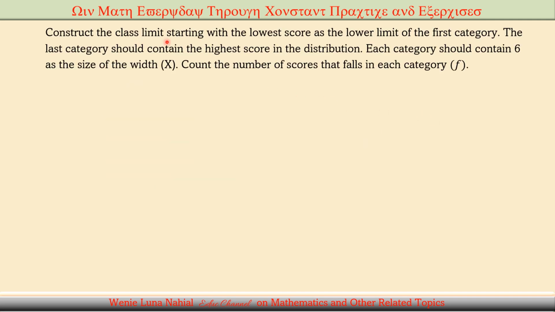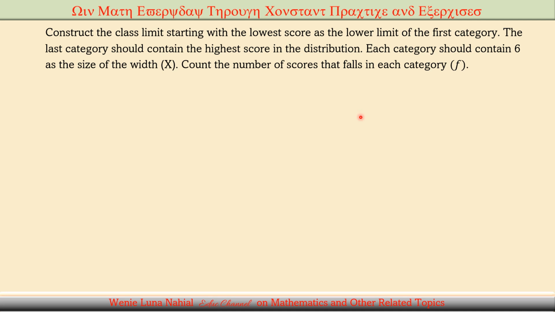Now construct the class limits, starting with the lowest score as the lower limit of the first category. The last category should contain the highest score in the distribution. Each category should contain 6 as the size of the width. Count the number of scores that fall in each category.